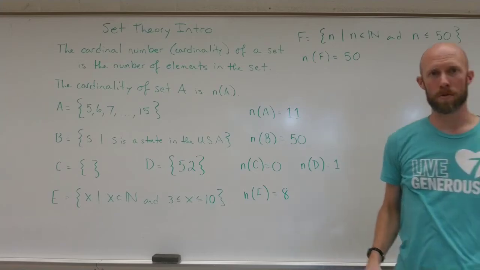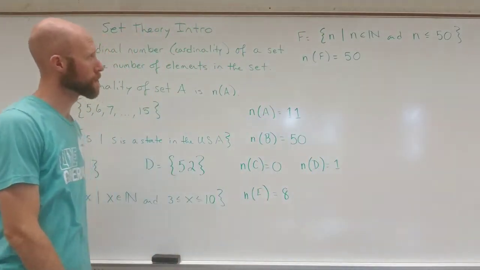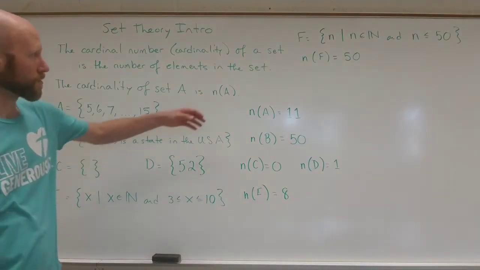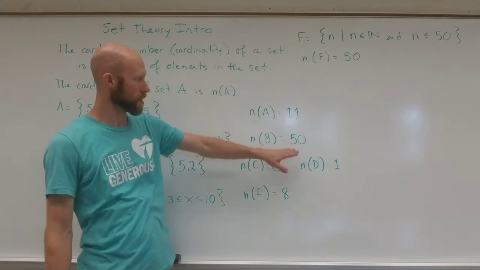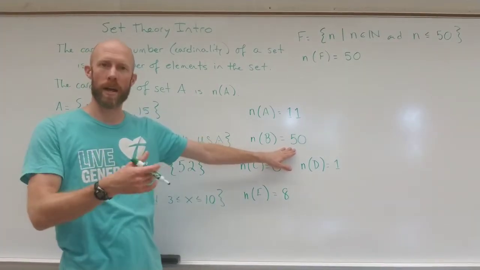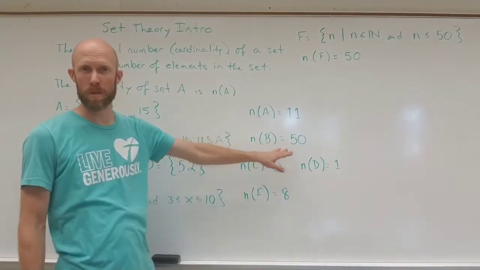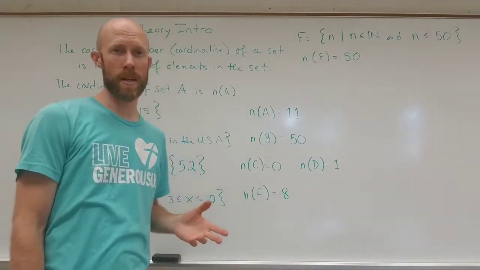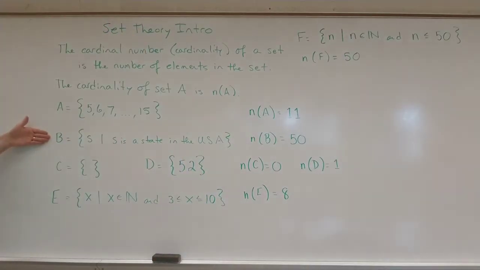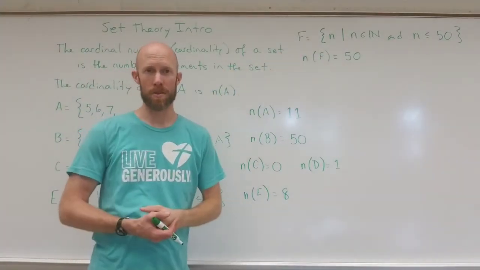It's all the natural numbers less than or equal to 50, or between 1 and 50, equivalently. And so here we have 2 sets whose cardinalities are equal. We have this set F and this set B, which was the set of the states in the United States. Obviously, the sets themselves are not equal. This is a set of geographical areas. This is a set of numbers, but their cardinalities are the same.